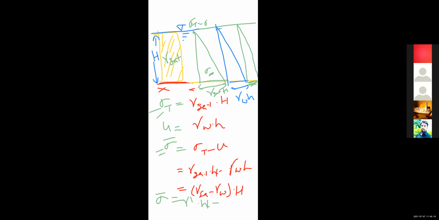Okay, the pressure diagram is clear to everyone. So this is the condition for calculation of pore water pressure, effective stress and total stress. Now solve a simple question based on this.